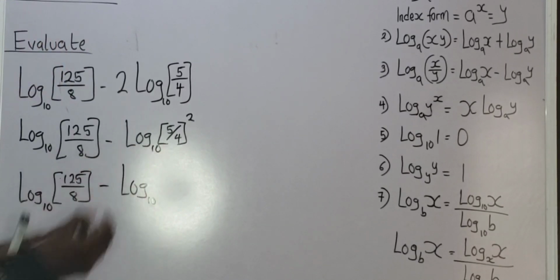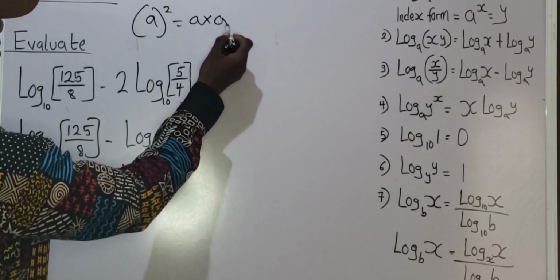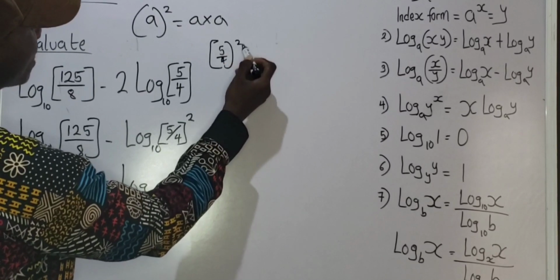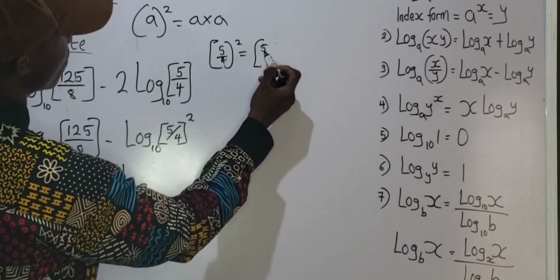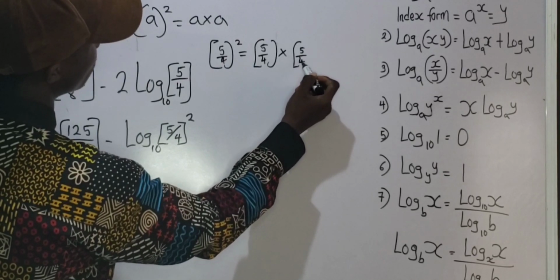Now, don't forget that if we have a raised to the power of 2, that is a times a. So if I have 5 over 4 raised to the power of 2, that is 5 over 4 times 5 over 4.